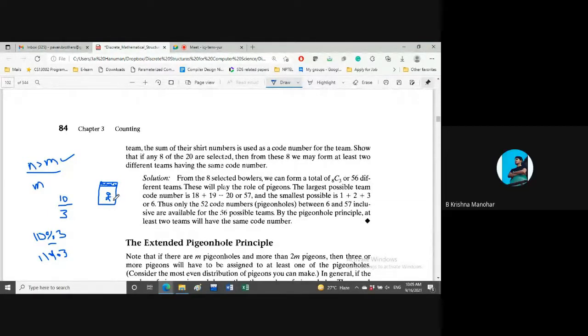Let us assume this as the ceiling. Next, what do we call this one? Floor. Okay, this is flooring. This is ceiling. Now 10 by 3 will give you 3.33 something.